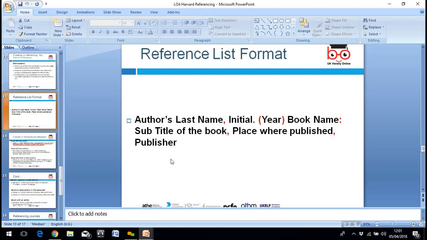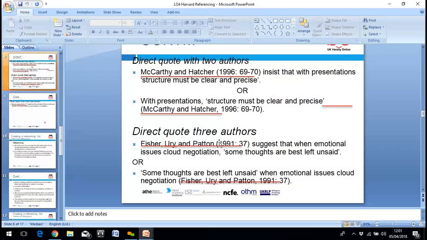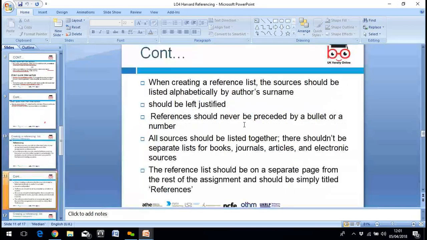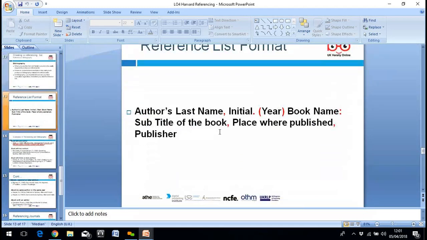You only have to use those earlier ones we looked at in your script, when you're actually using them in your script yourself. But when you put in the reference list at the end, all the sources should be listed alphabetically: author's name, initial, year, book name, subtitle, place it was published, and the publisher.